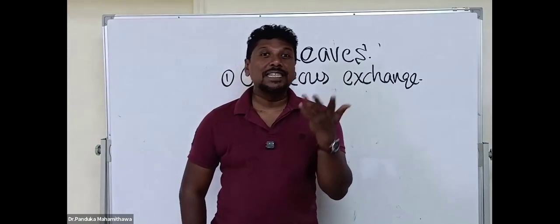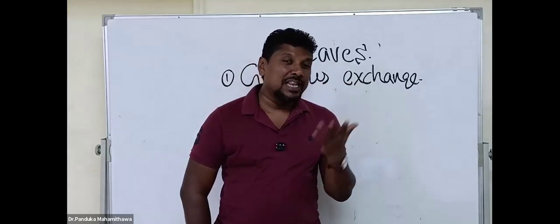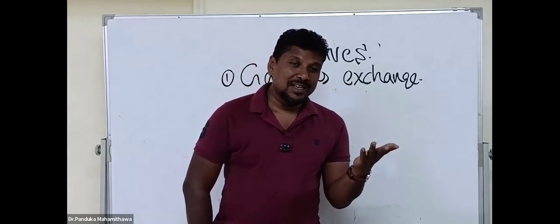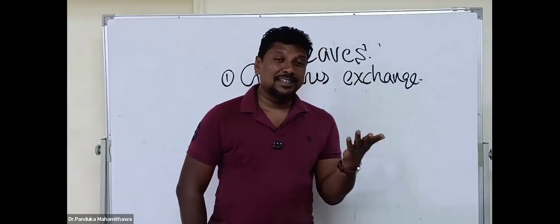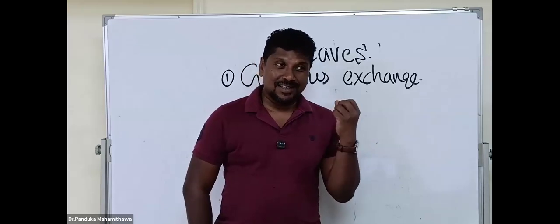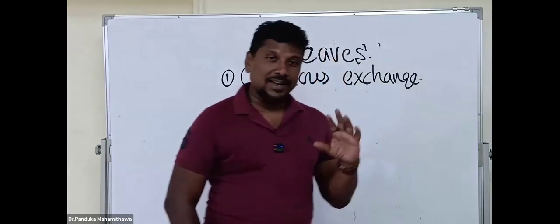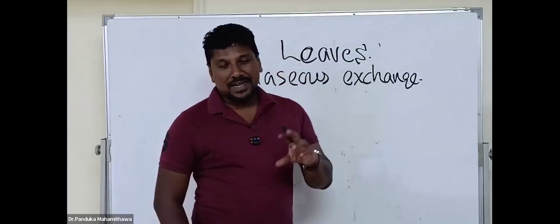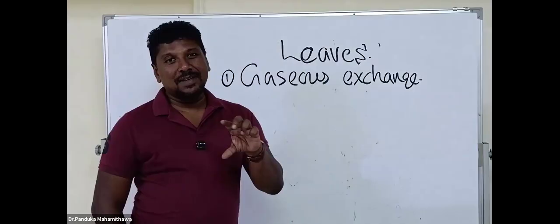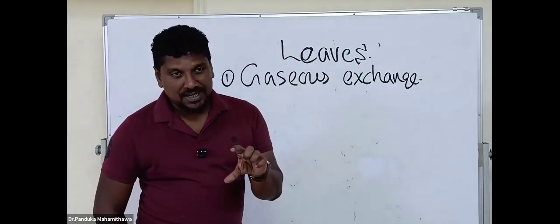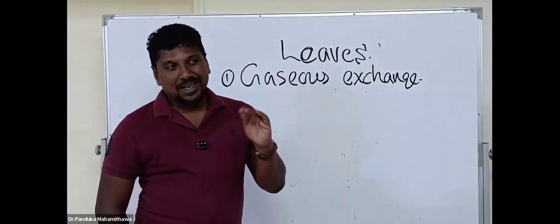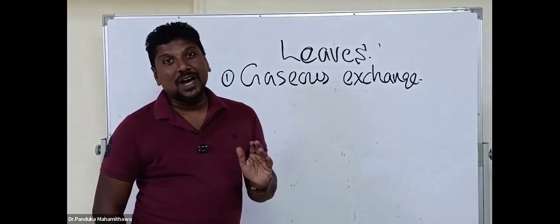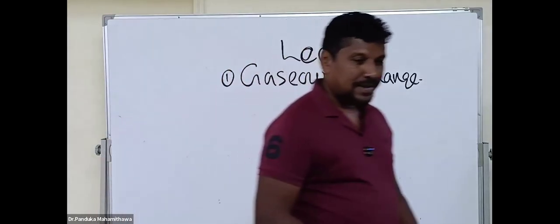And also when you learned the C4 mechanism, we learned about the Kranz anatomy in the C4 plants also, right? Again, we'll refresh our knowledge about the plant anatomy. So here we'll first learn about the anatomy of the leaves, and then we'll learn about the gas exchange, how it happens. Okay, right.